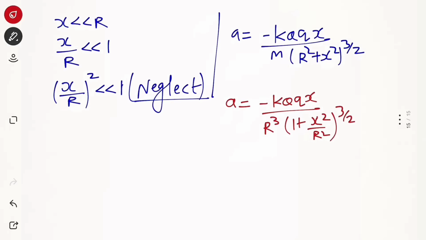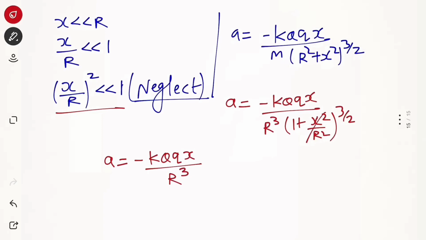As explained, if our answer is not coming to be 0 or indeterminate, we can neglect this square term or higher terms. So we can just write our acceleration is equal to minus kQq x divided by m r cube.